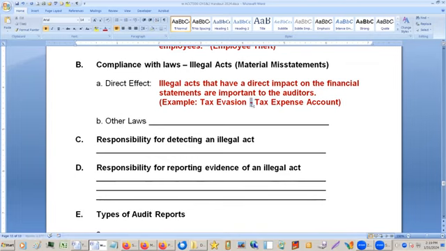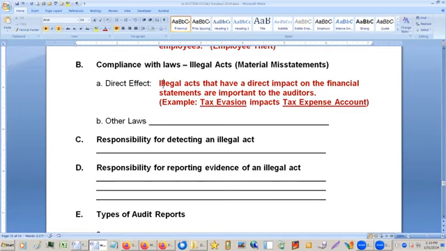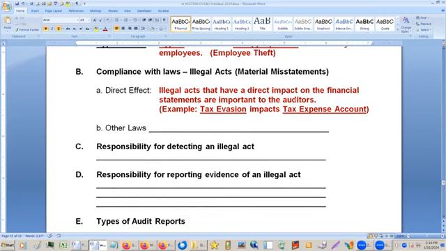So if the illegal act is tax evasion, that has a direct impact on the tax expense account. Now we're more interested in this tax evasion. It's an illegal act, and there's a direct effect on the tax expense. So those things that have a direct impact are more important to us as auditors.